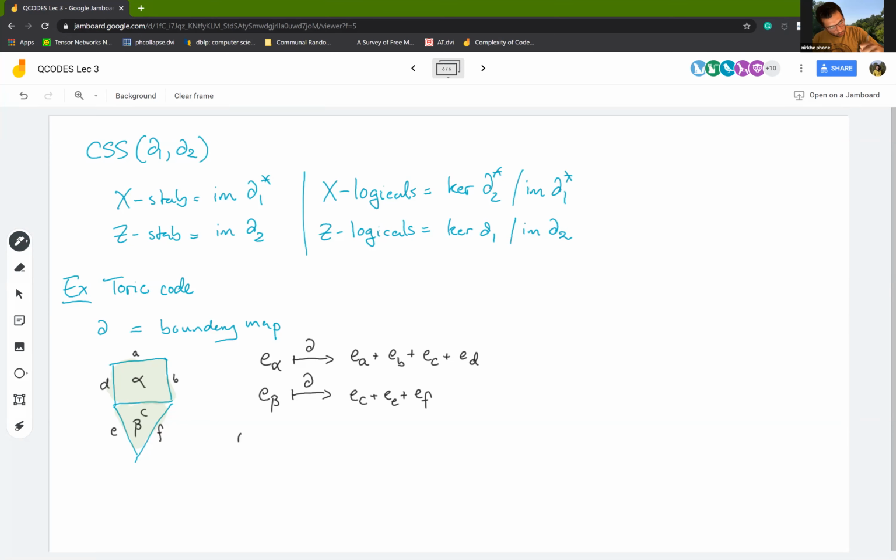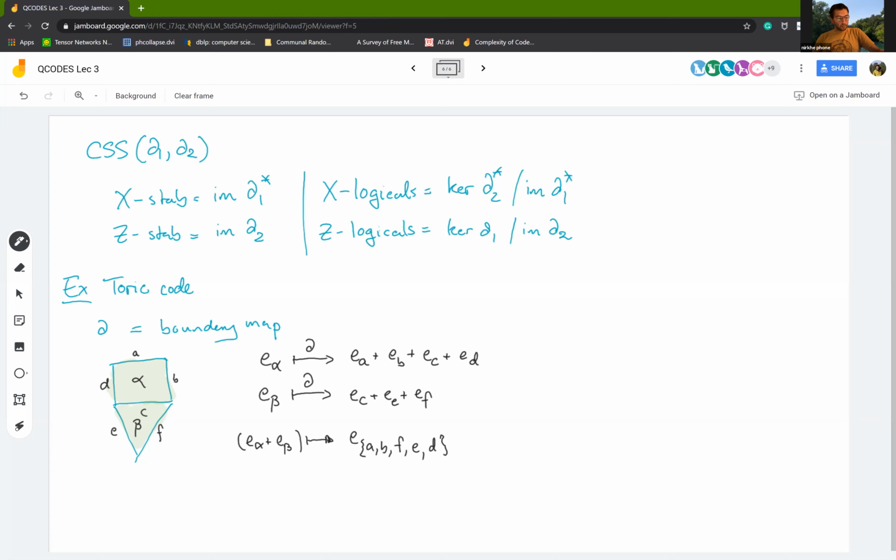And then by linearity, E alpha plus E beta would get mapped to, let's just shorthand this, the indicator on A, B, F, E, D, right? Is everyone okay with that? Because I look at the indicator vector and I see that it ignores the C, since it gets double counted.